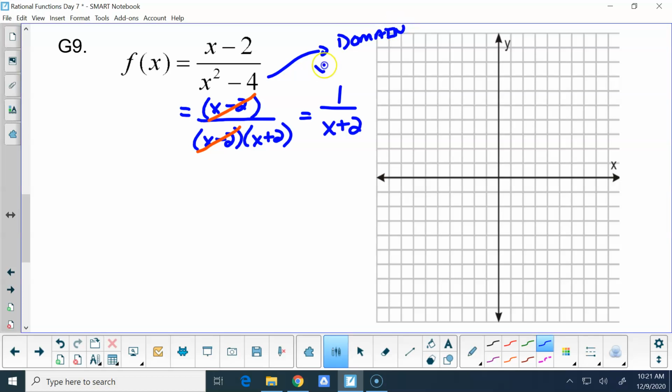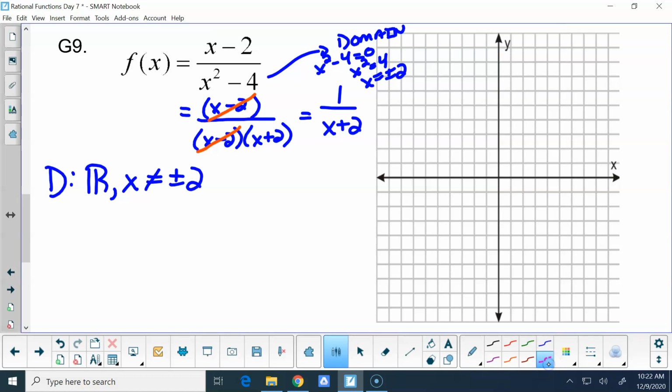I would say x squared minus 4 equals 0, so x squared equals 4, so x equals plus or minus 2. So the domain of this function is all real numbers, but x cannot be plus or minus 2. With me?